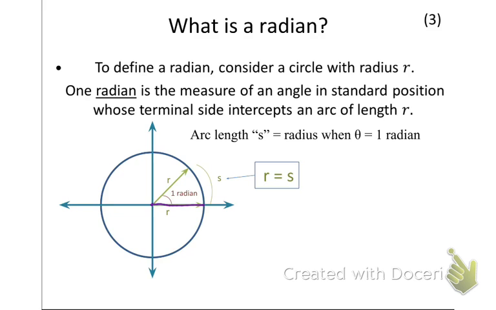This and this both have the exact same length of r. Now our arc of the circle, or the length of this curve, is also r. So in a sense, if we had straightened out this circle, we would be getting an equilateral triangle. However, because this side is curved, we cannot say that we truly have an equilateral triangle. However, that is the measurement of a radian.